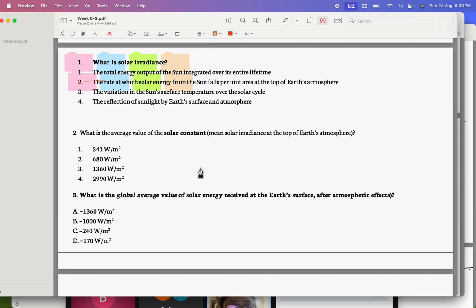The second question is, what is the average value of the solar constant? That is, the mean solar irradiance at the top of the atmosphere. The options are 340 or 341 watt per meter square, 680 watt per meter square, 1360 or 1361 (sometimes both are given in the MCQ), and also 2990 watt per meter square.